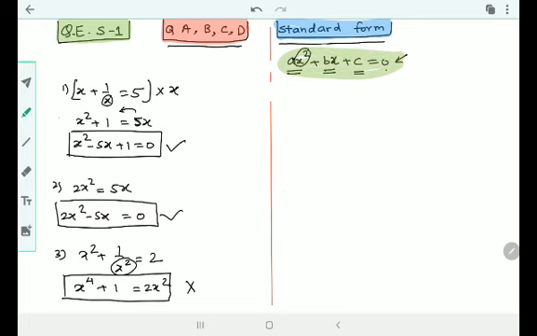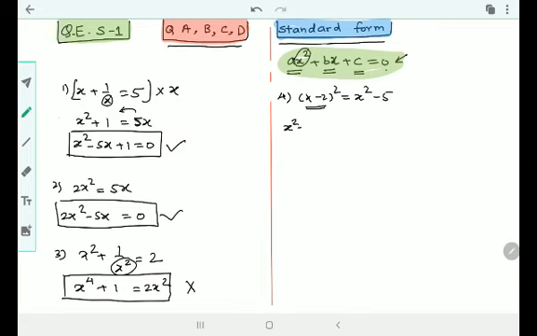Next one. Fourth one says that x minus 2 the whole square is equal to x square minus 5. When I see this the first time, it seems clearly a quadratic equation, isn't it? But let me simplify it because there is a perfect square here. I'll open the bracket using the a minus b the whole square formula.